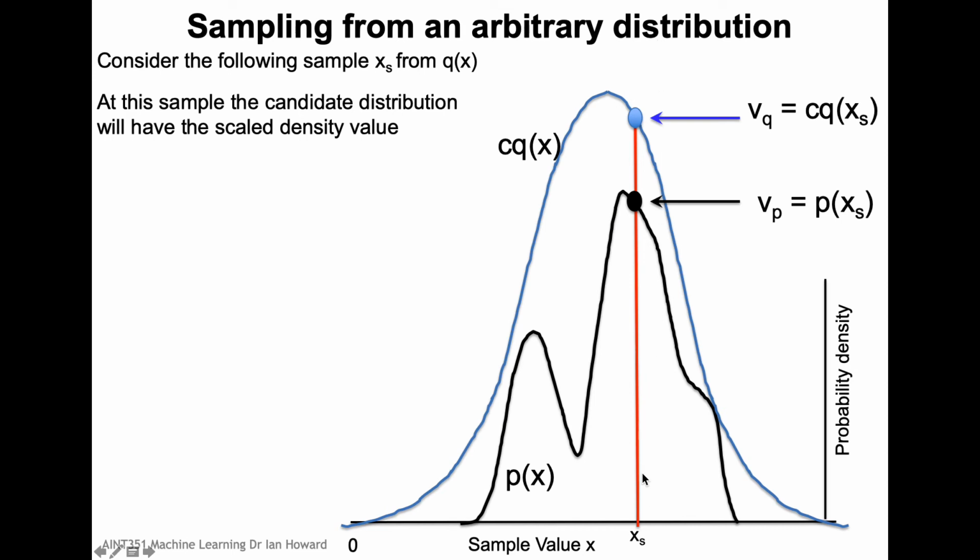So the trick is to say, well, we want to keep samples in the proportion of the length of the line to the actual target distribution that we want, divided by the distance all the way to the top of the scaled Gaussian in this case. So it's going to be the ratio of this length here, V of P, divided by this V of Q point.